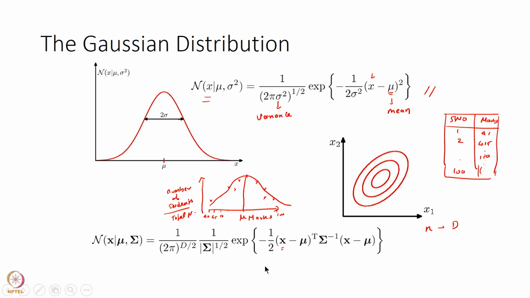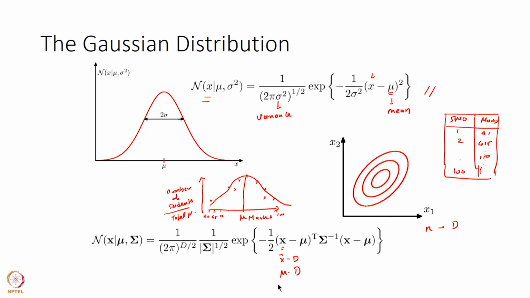so let us say x has many features, that is one way of looking at it. If x has many features, then x would be a vector of length D, and this mu will be a vector of length D, because each dimension will have its mean.